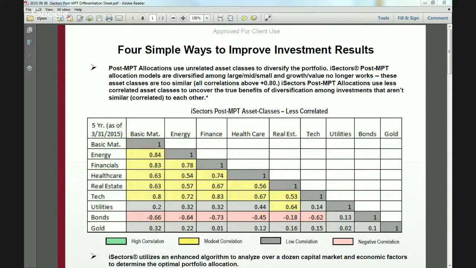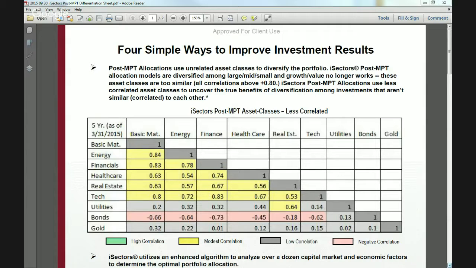And you can see in the left-hand column what those asset classes are: basic materials, energy, financials, healthcare, real estate, technology, utilities, bonds, and gold. And intuitively, you can look at those asset classes and see that they are truly very different from one another. So that's the first improvement that we make.